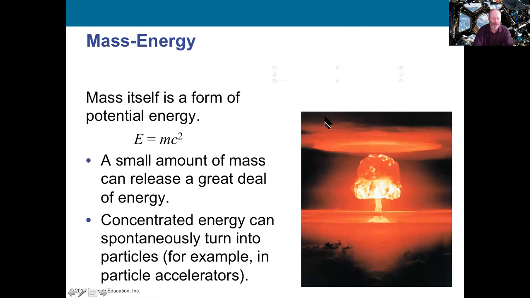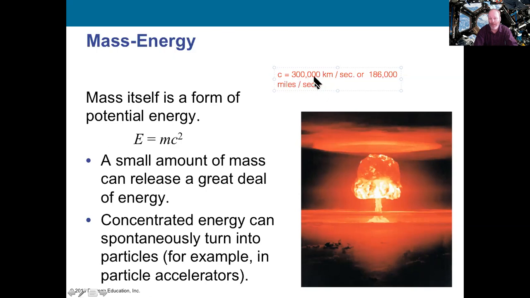So let me just type the c equals 300,000 kilometers per second, or 186,000 miles per second. So when we're talking about c squared, we're talking this times itself. And when we're looking at this equation, it's actually in meters, not in kilometers.